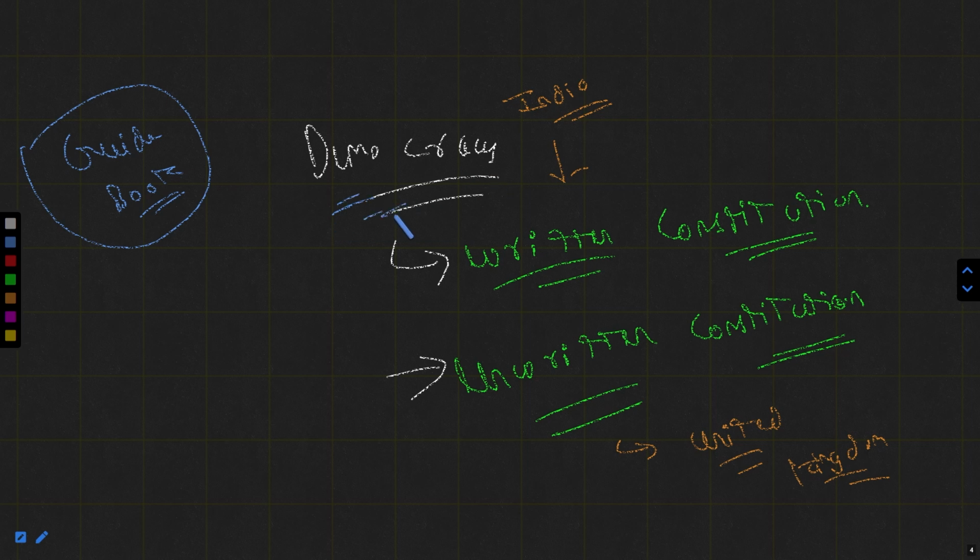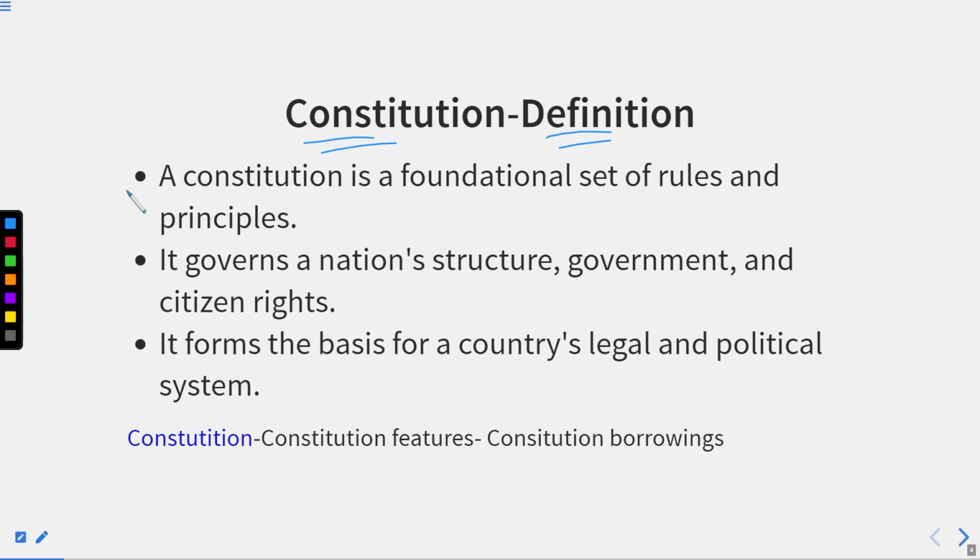Almost every democracy in the world has a constitution, whether in written or unwritten form. In written form, the constitution has the supremacy. In unwritten form, generally the parliament or the government has the supremacy. Got it? Now, come back to the topic. A constitution is a foundational set of rules and principles.